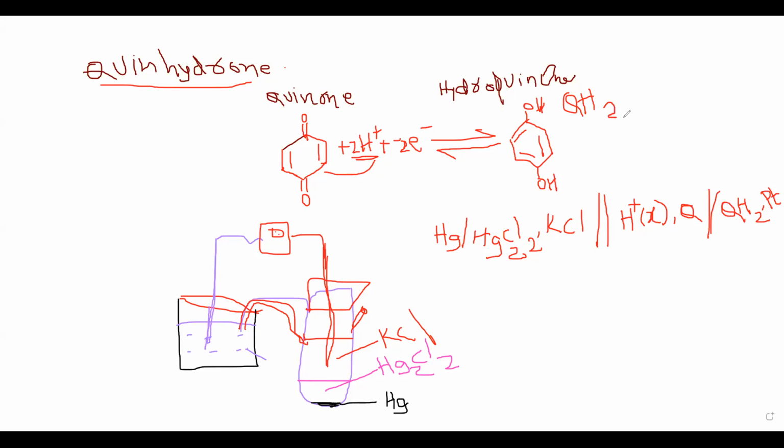Now how are you going to calculate? First of all, let us see how to calculate the EMF of this electrode. Which half cell? The half cell E of Q/QH2. Let us take up this half cell in the first part of our discussion.